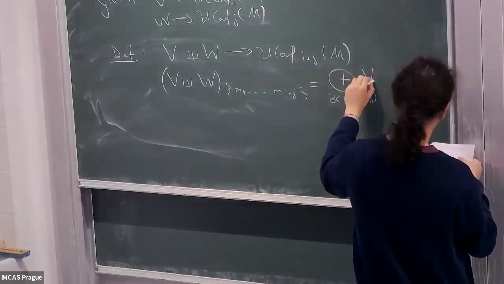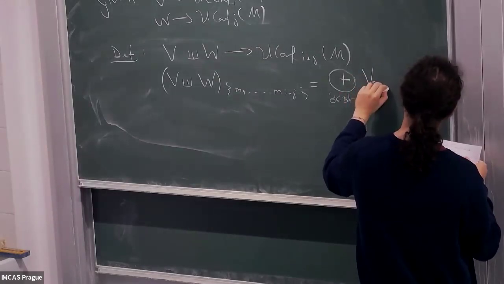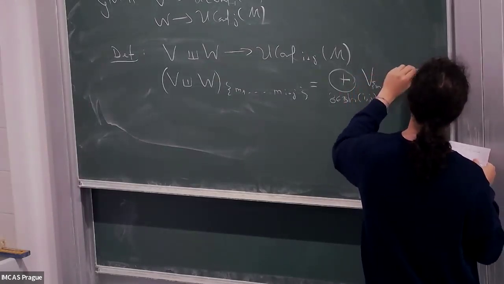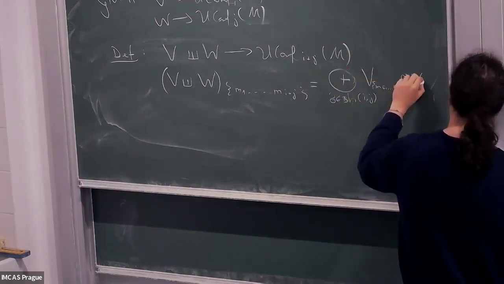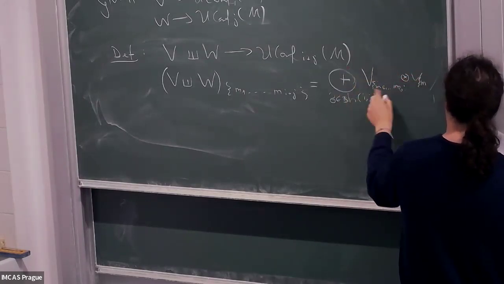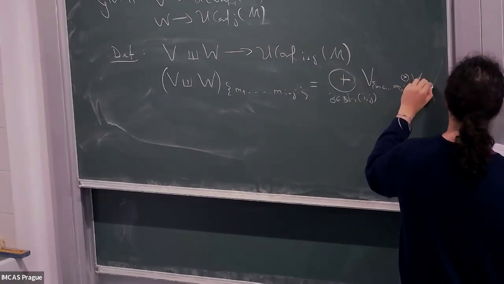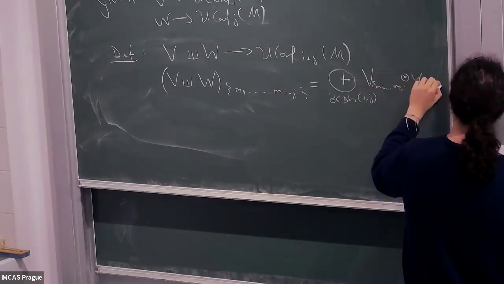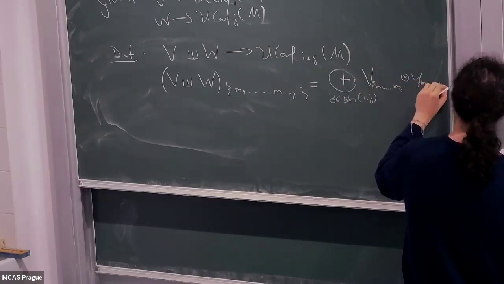So V of M sigma 1 to M sigma I, tensor W of M sigma I plus 1 to M sigma I plus J.